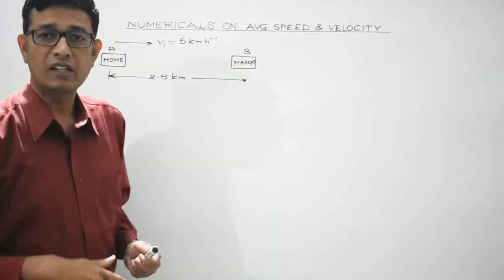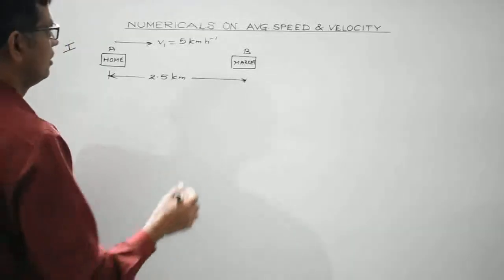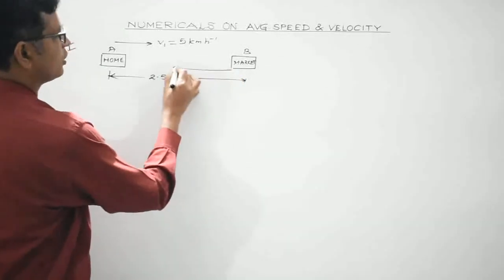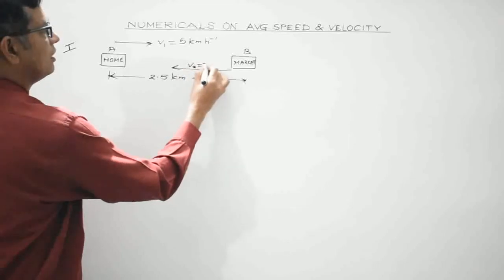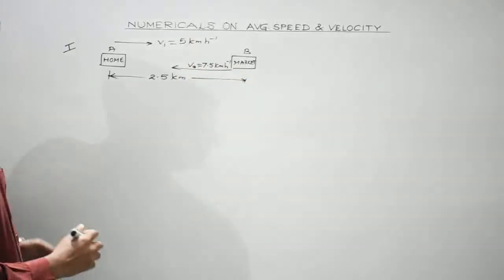On finding the market closed, the person comes back to his home with a constant speed of say 7.5 kilometer per hour.